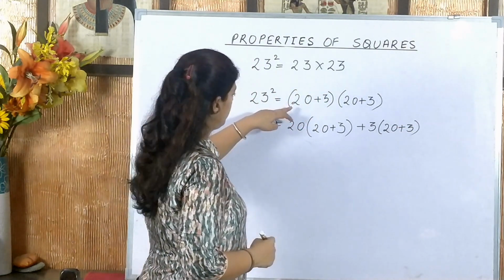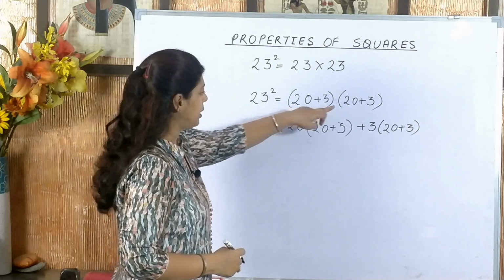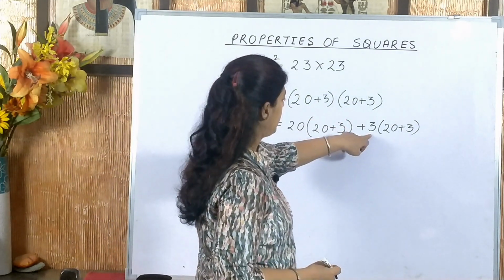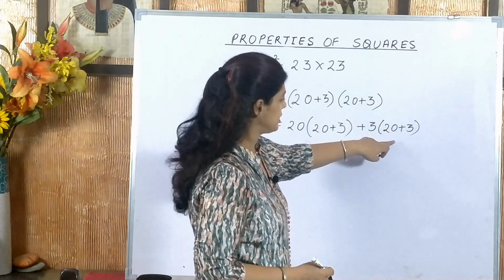Over here we take the first term of the first bracket multiplied with the second bracket, then the second term of the first bracket and multiply again with the second bracket.